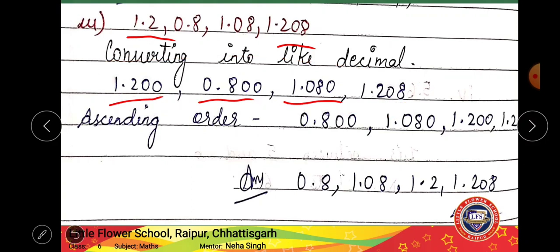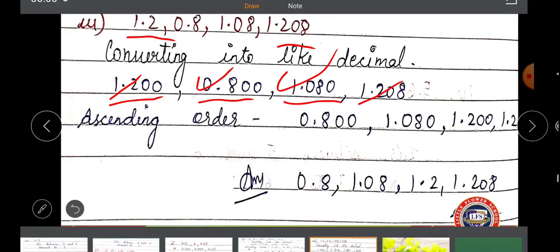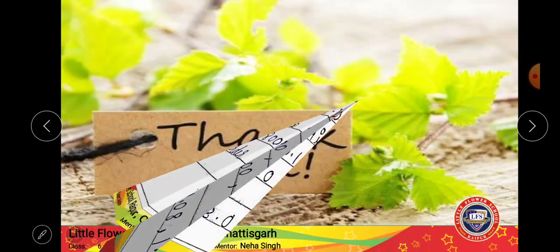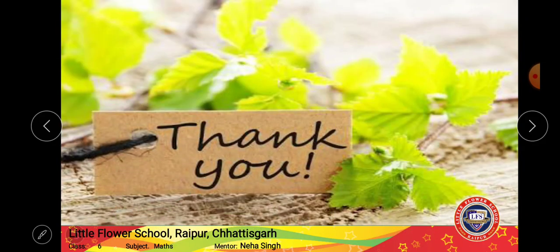The smallest is 0.800, next is 1.080, then this 1.200 and 1.208, right? So by this we finished this exercise, right? And you'll write the definitions for like decimals and unlike decimals before starting the exercise, okay?